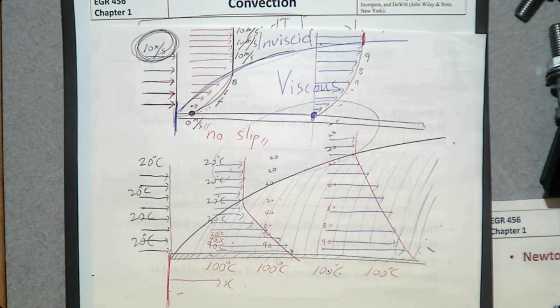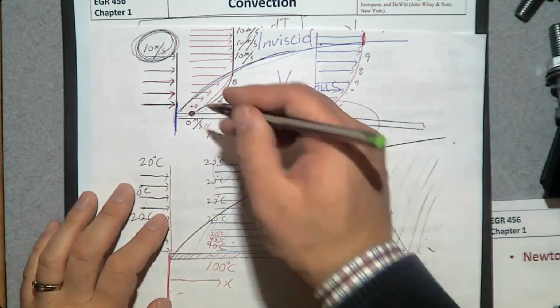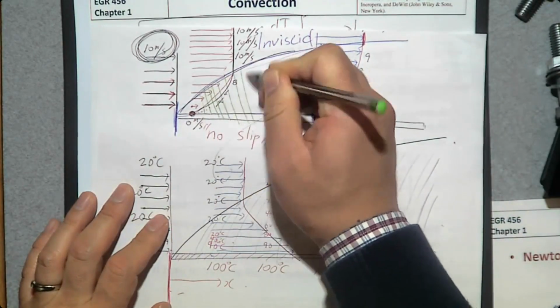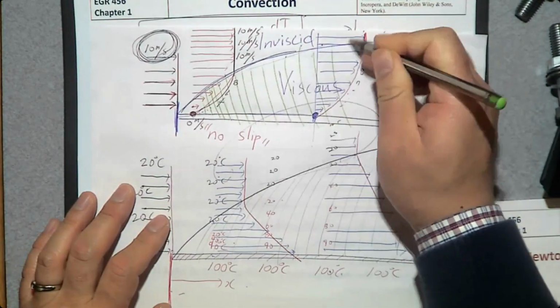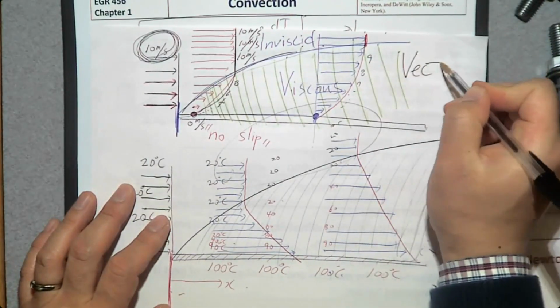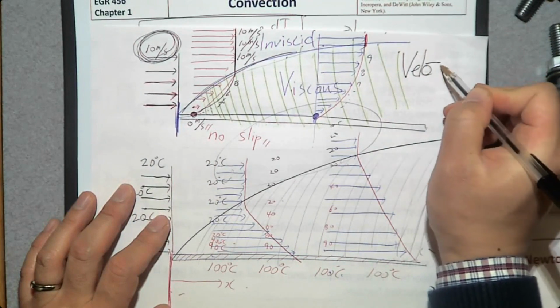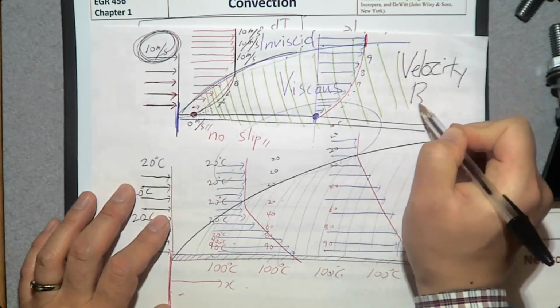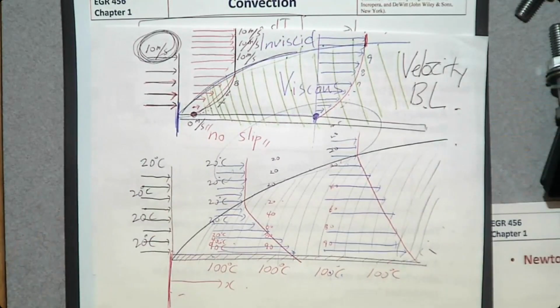Then it's going to be confusing, so we use different names. This layer, in terms of velocity, is called the velocity boundary layer. That's fluid mechanics.